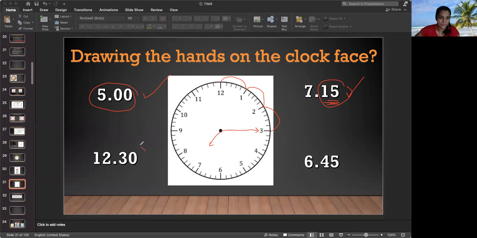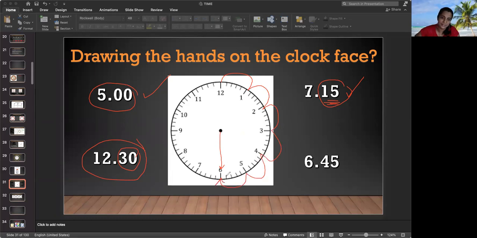All right, let's look at 12:30. What if it's 12:30? Now 12:30 means 30 minutes have already passed, which means my minute hand would be pointing at 6, because if you count the minutes, 5, 10, 15, 20, 25, 30.